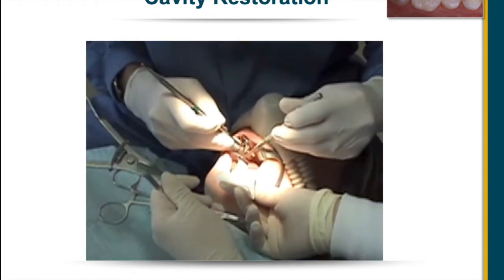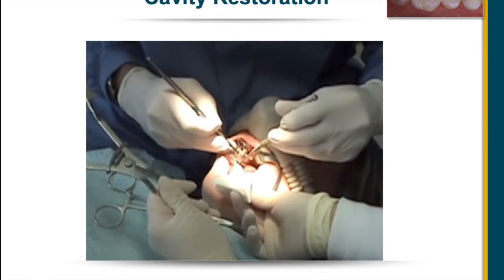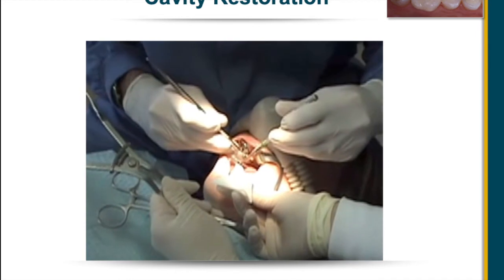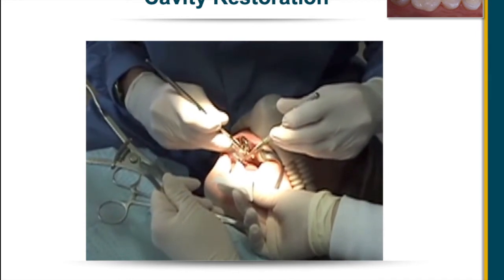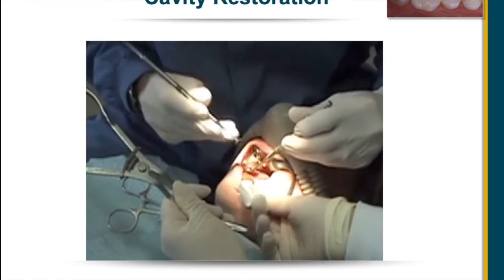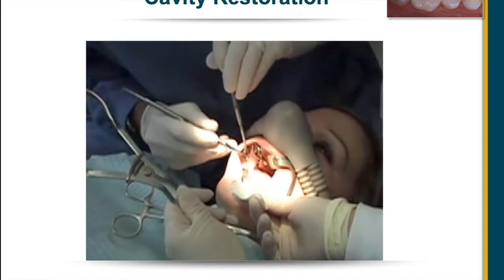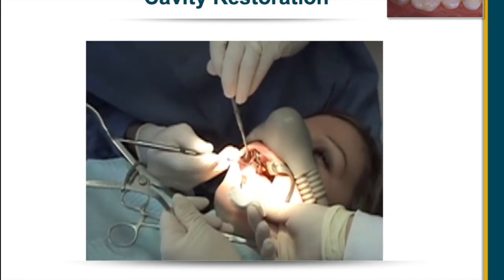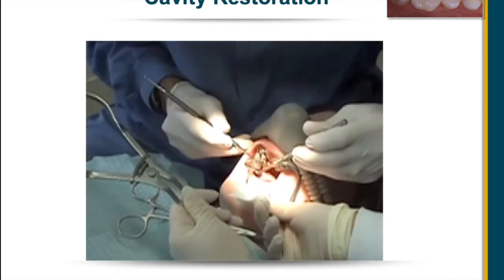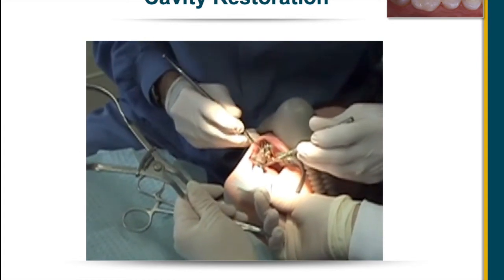Notice the assistant has the next instruments ready as the doctor is completing the shaping of the filling. Although light cure is the next step, the assistant has a gauze there to remove any excess composite from the instrument, and the curing light is within easy reach, so she can immediately place it as soon as the doctor has completed and called for the curing light.